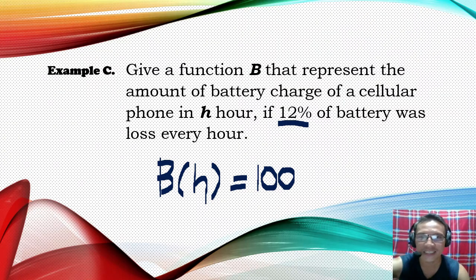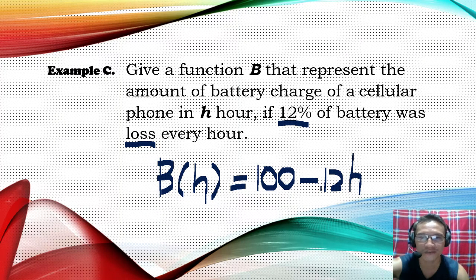Then, since the battery loses 12% every hour, the mathematical translation of loss is minus. So, minus from 100%, it discharges 12%, or 0.12 times the number of hours.